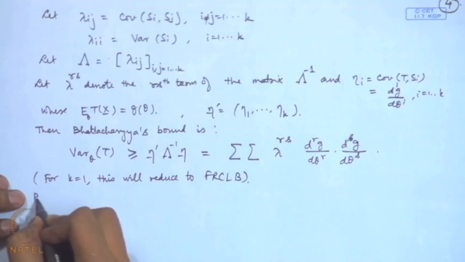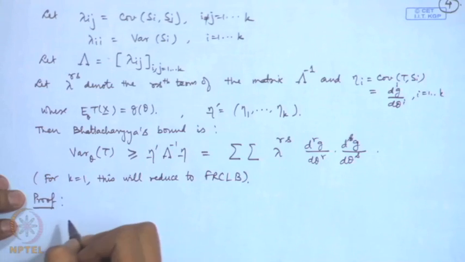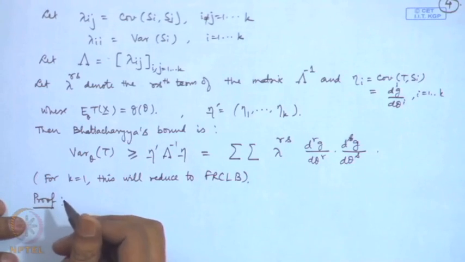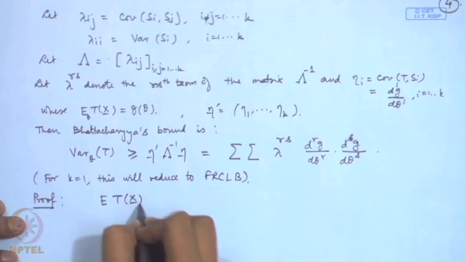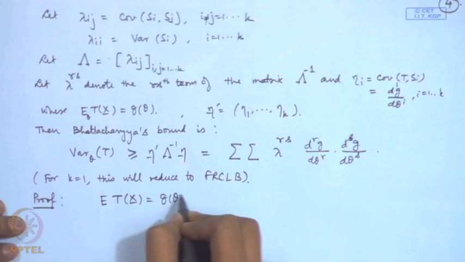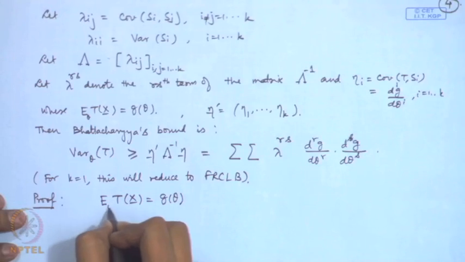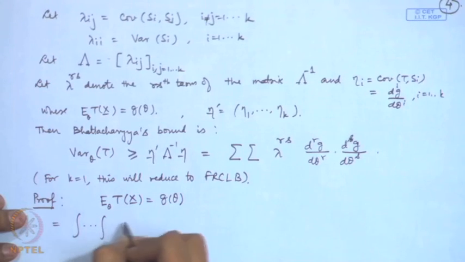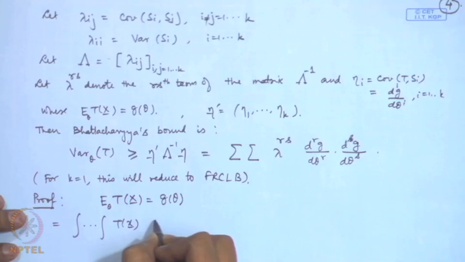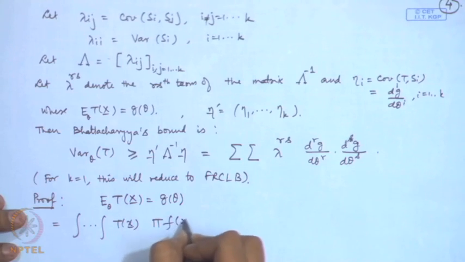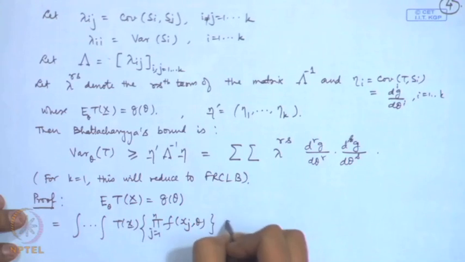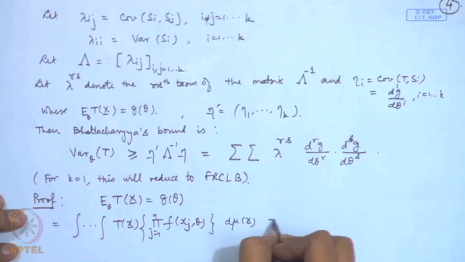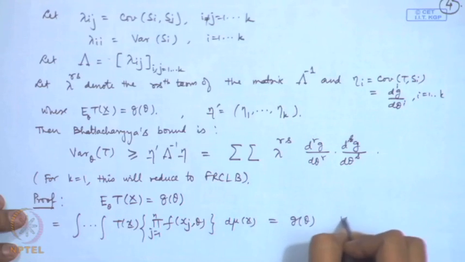Let us look at the proof of this. So, the expectation of T(x) is equal to g(theta), which we can write as the integral of T(x) times the joint distribution of x_1, x_2, ..., x_n d mu(x) is equal to g(theta).